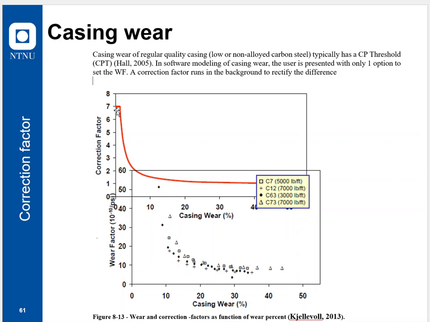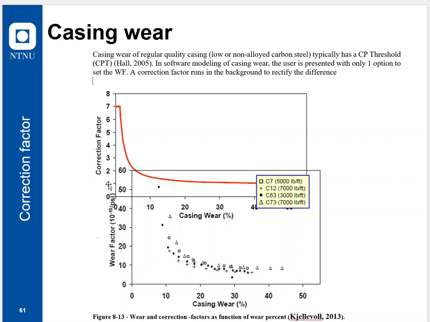The correction factor is quite large to begin with, and then it becomes 1 at some point. Where it becomes 1 is what we call the contact pressure threshold.